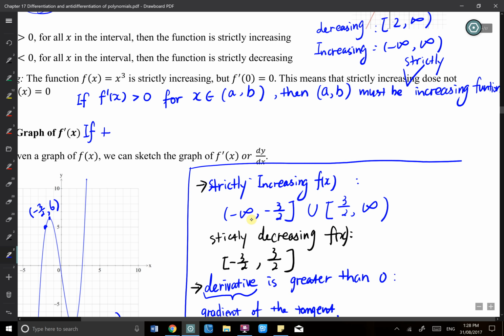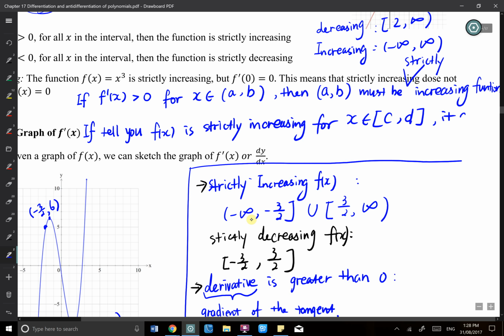If I tell you f x is strictly increasing for x belongs to, say, c to d, it does not give you f dash x greater than 0 for x belongs to c to d.